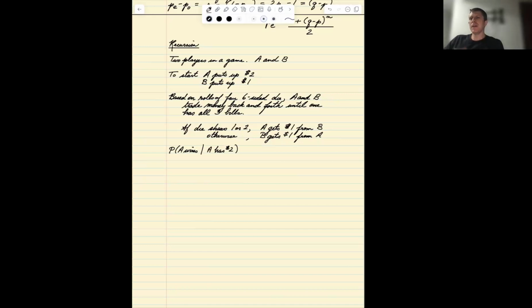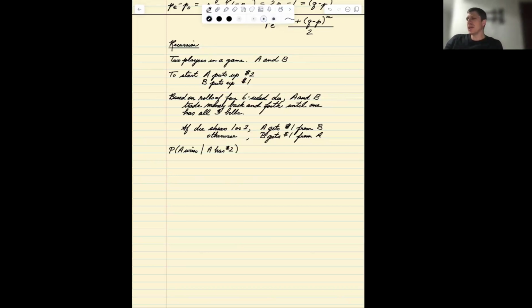If at some future point in the game, in the 100th roll, A gets back to having $2 and B has $1, by the independence of the rolls of this die, the probability that A wins moving forward is the same as it was to start, because the game conditions have started over. Nothing that happens in the past is going to affect what happens in the future at that point.